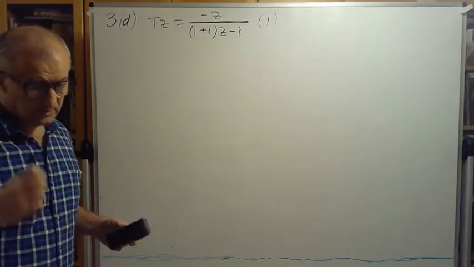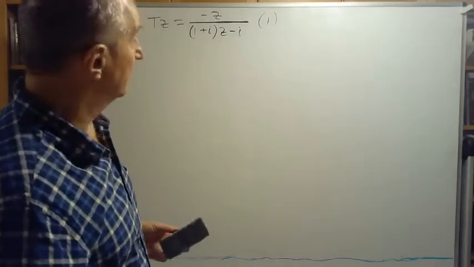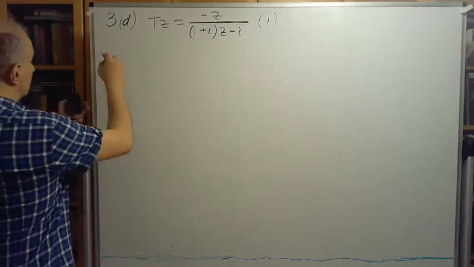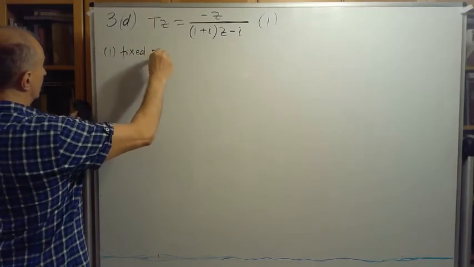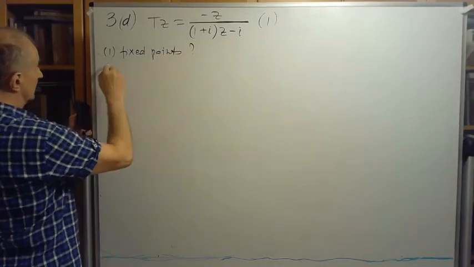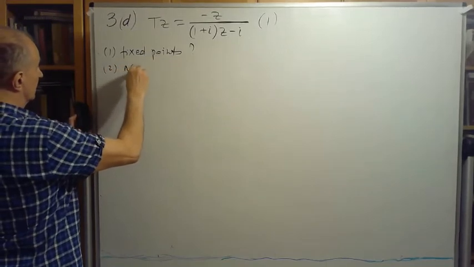So what do we need to do? First of all, fixed points. Second, write a normal form.